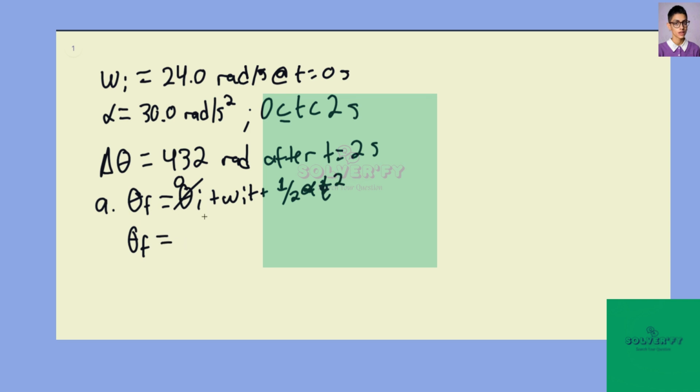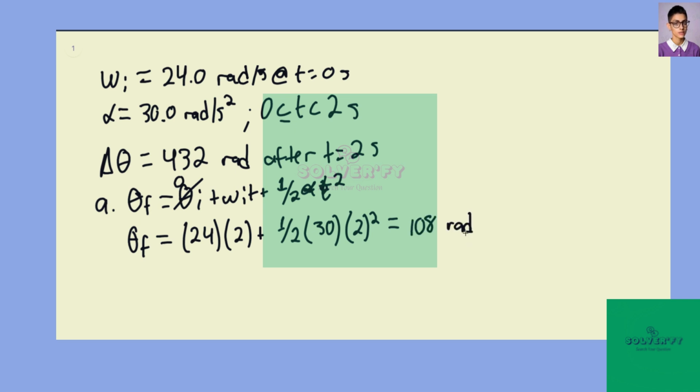So we can say omega initial is 24. This t will be 2, plus 1 over 2 times 30 times 2 squared. And this is going to be 108 radians, for the first 2 seconds. And then if you wanted to find the total, it would simply be 108 plus 432, so 540.